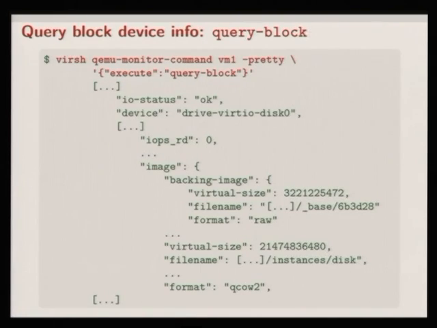If there is a backing file, and most often all OpenStack Nova instances have a backing file, you'll see information about the backing file, the virtual sizes, and some of the IO ops related information, and so on. I trimmed off a lot of output, but if you're debugging anything related to the block layer or just want to see what kind of detail is going on under the hood, you can invoke this one.